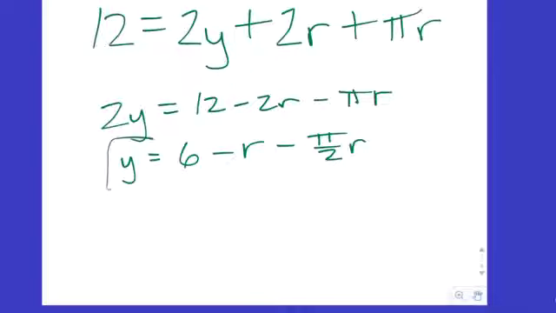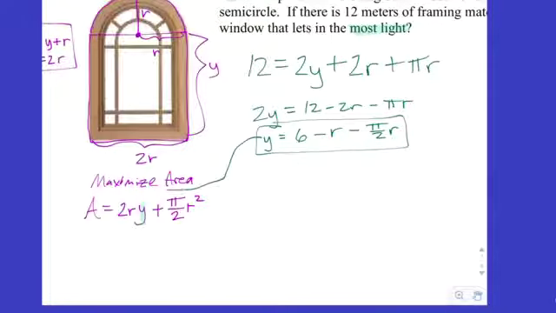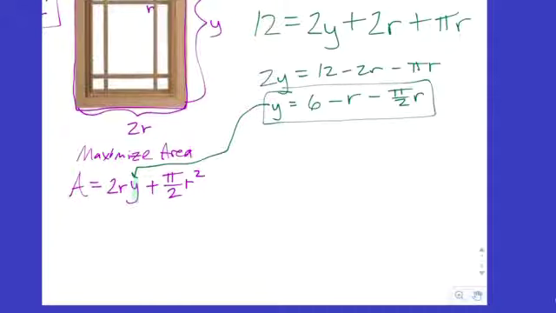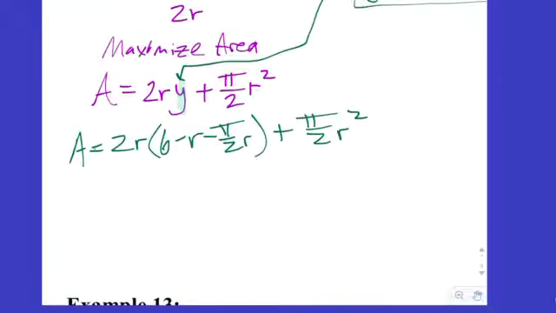All right, so here now I have y in terms of r. Now I can plug that right into here. So the area is going to equal 2r times 6 minus r minus pi halves r, plus pi halves r squared. And now you have the area in terms of r.